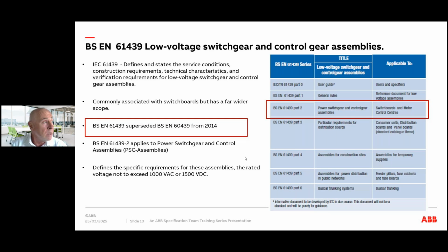So when you are specifying or purchasing an enclosed ATS, just ensure that it complies to 61439, because it is a controlgear assembly in its own right. As you can see there, there are different parts to the 61439 standard, but part 3, as an example, is the requirement for distribution boards. So it's not just LV switchboards only. It has far-reaching applications as well.